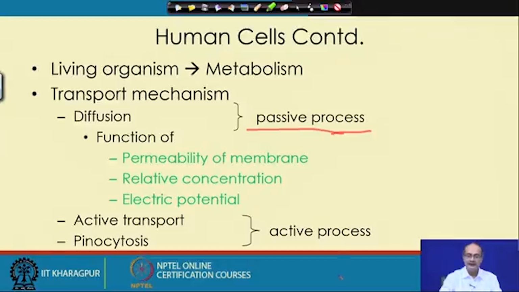The second point is that diffusion is possible because there is a difference in relative concentration. That means inside the cell and outside the cell, for a particular kind of ion, there must be a difference in concentration. Without that, diffusion is not possible.